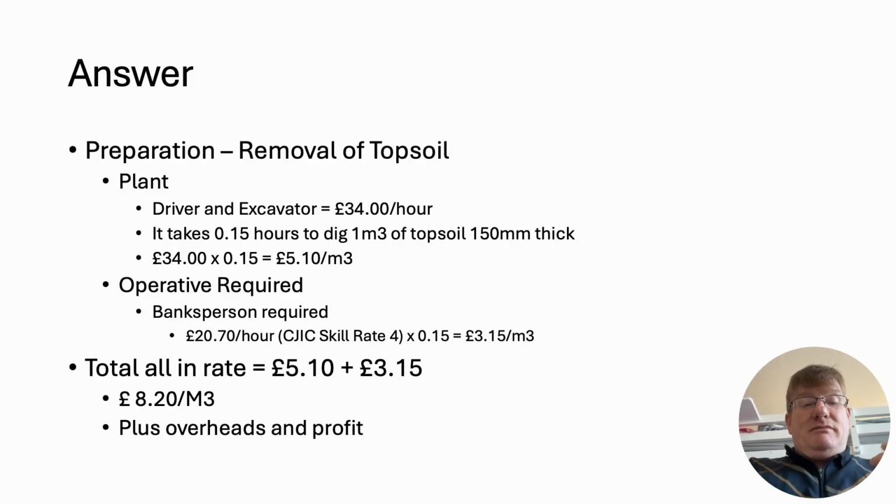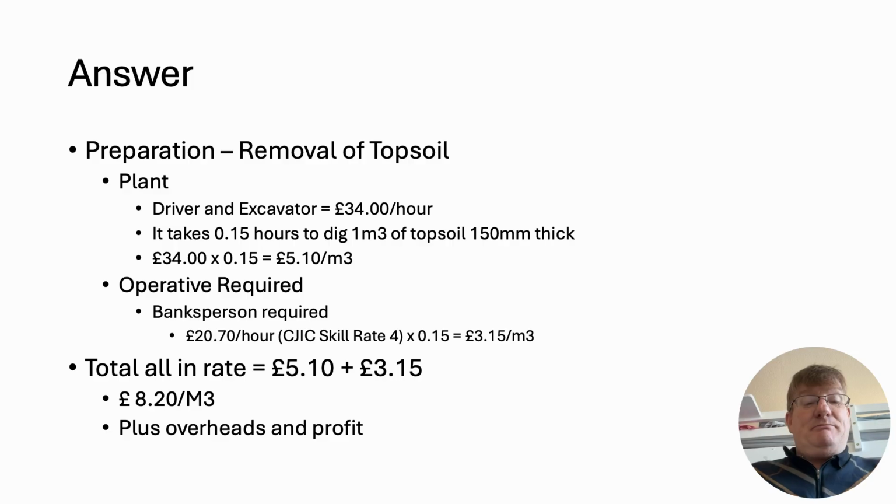And if you want to check that, just multiply it by 60. So I take my hourly rate, which is £34, and multiply it by 0.15. So it's £5.10 a metre cubed. Fundamentally, for every metre cubed that I dig, which takes 0.15 of an hour, I'm going to be paid £5.10. And ultimately, that's going to cost me £34 in an hour.